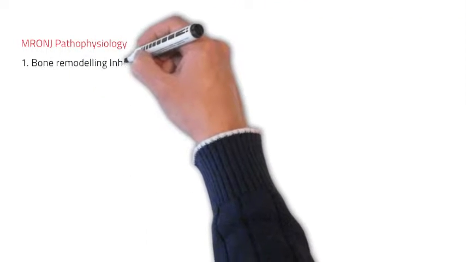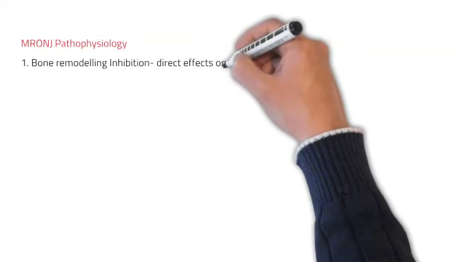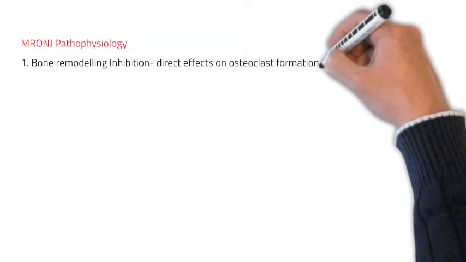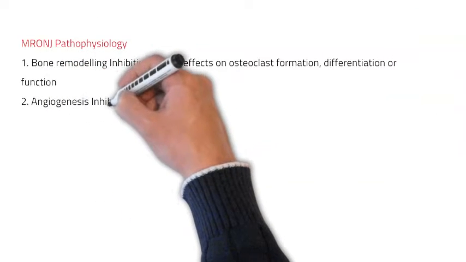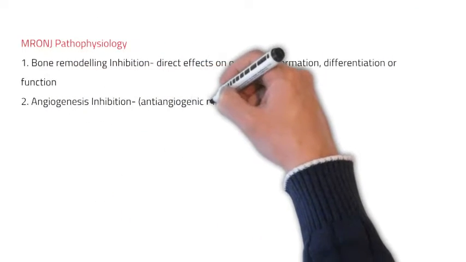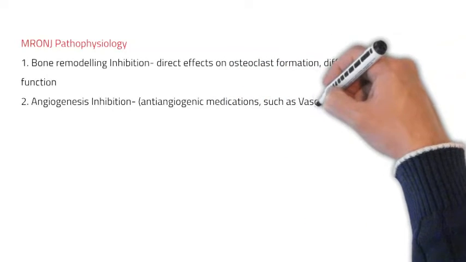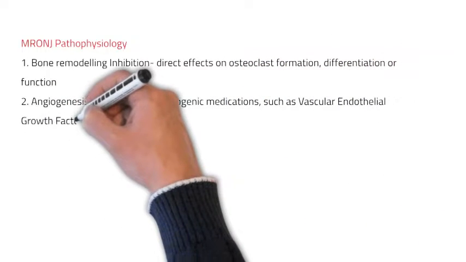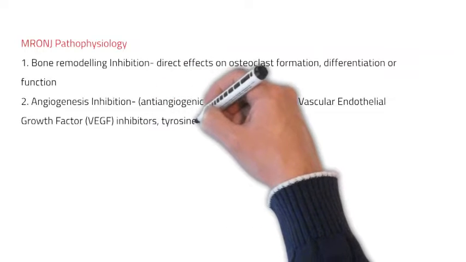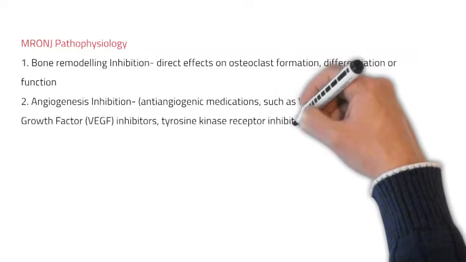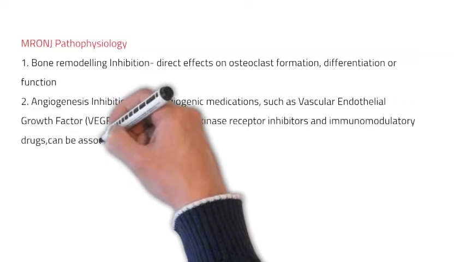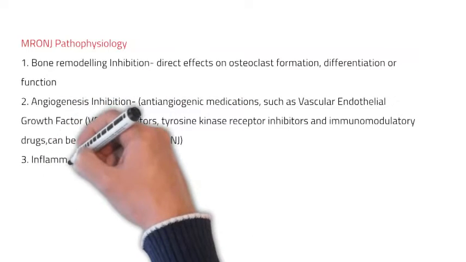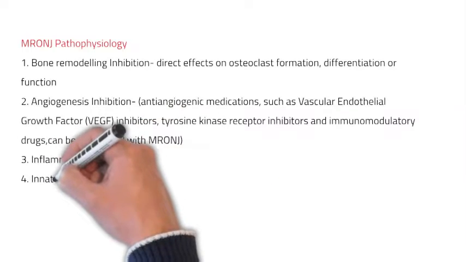MRONJ pathophysiology: bone remodeling inhibition, direct effects on osteoclast formation, differentiation or function; angiogenesis inhibition, as anti-angiogenic medications, such as vascular endothelial growth factor (VEGF) inhibitors, tyrosine kinase receptor inhibitors and immunomodulatory drugs, can be associated with MRONJ; inflammation or infection.